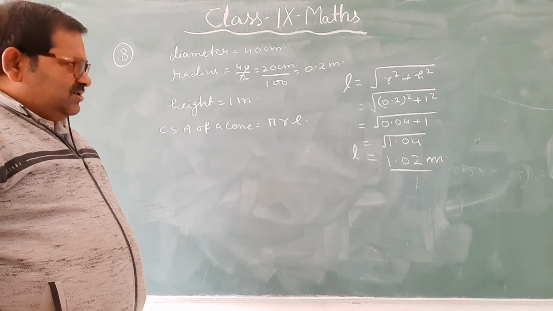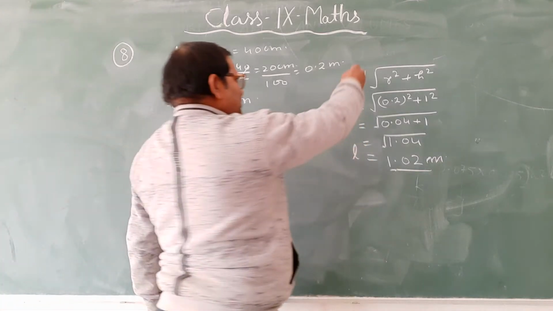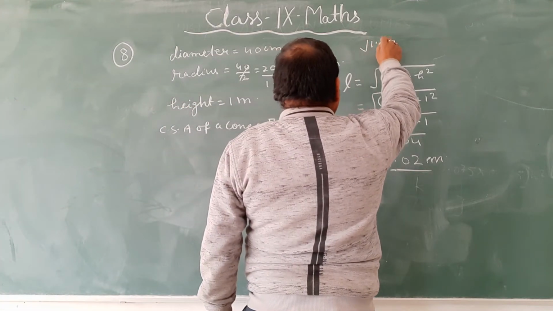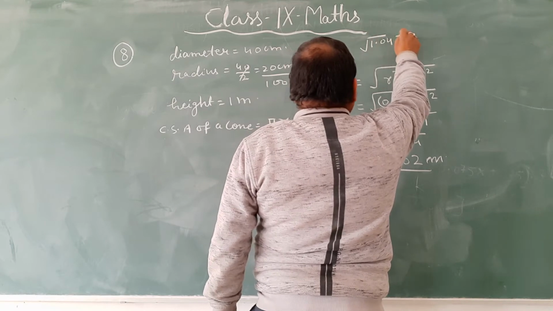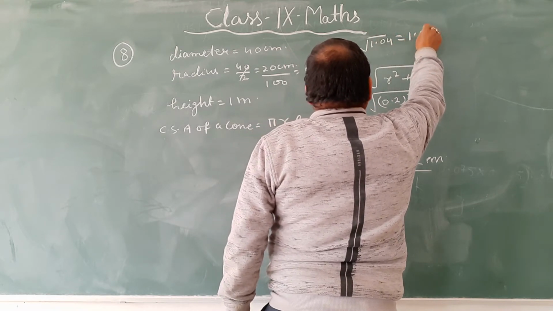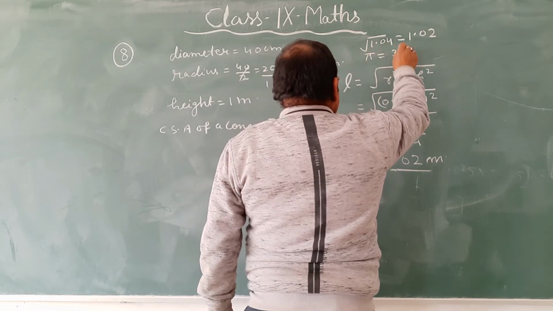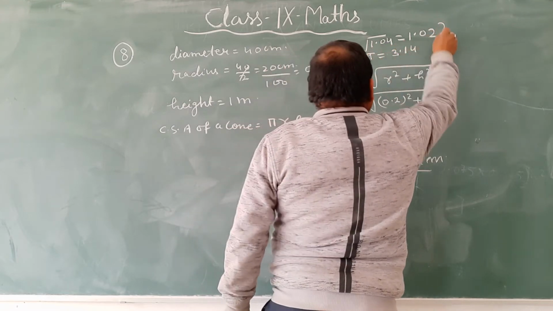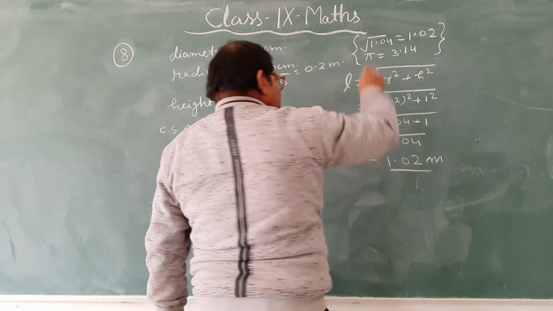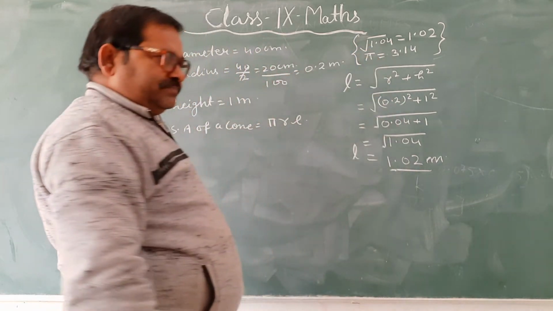This value is already given: under root 1.04 is equal to 1.02, and pi equal to 3.14.